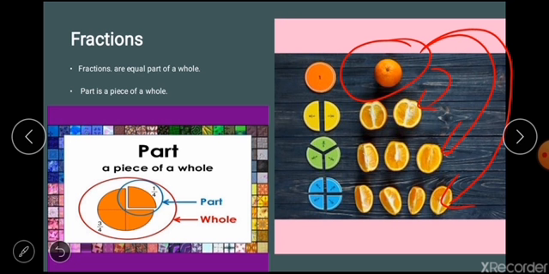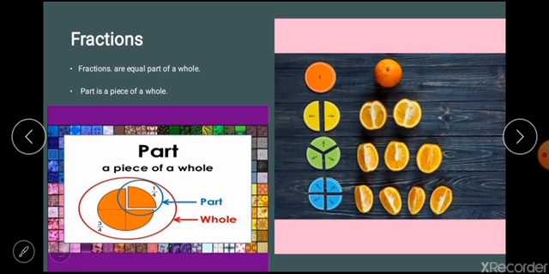As you can see clearly with this diagram, part means a piece of a whole. Look at this orange piece, this is a piece, and I will say a piece of a whole.